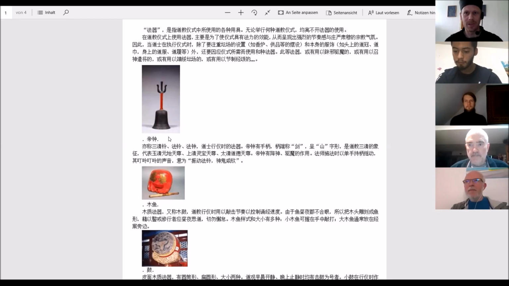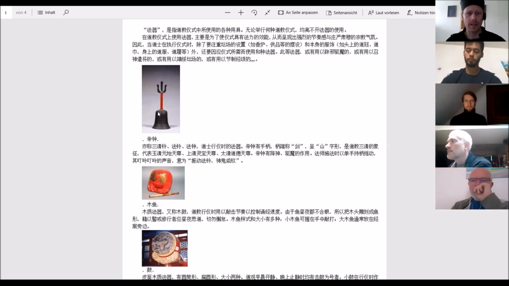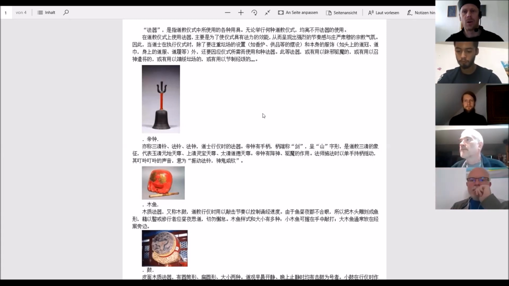In general, you have a grip here, a three-peaked or spiked head here, and the bell on the bottom part. It represents the three parts, and the top also represents the three clarities. It has several meanings for different lineages, but in the standard way, the Daoist bells look like this, like the three fork.